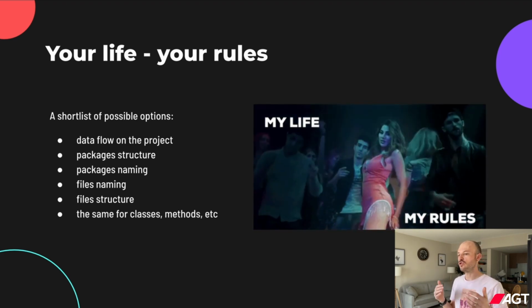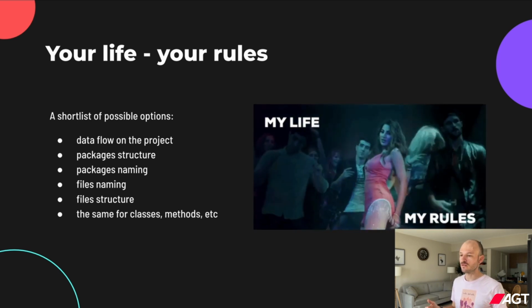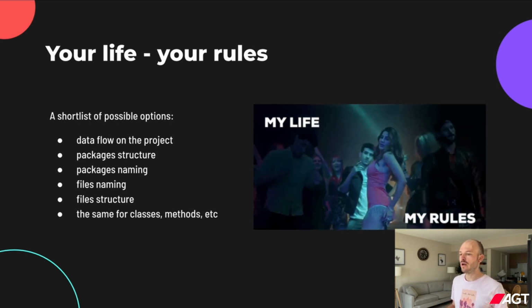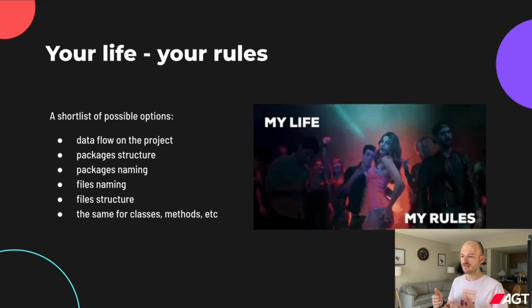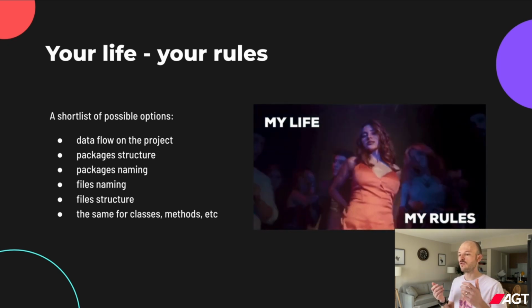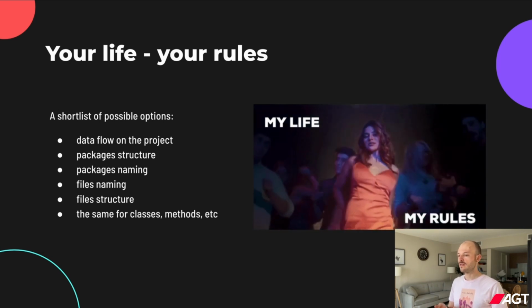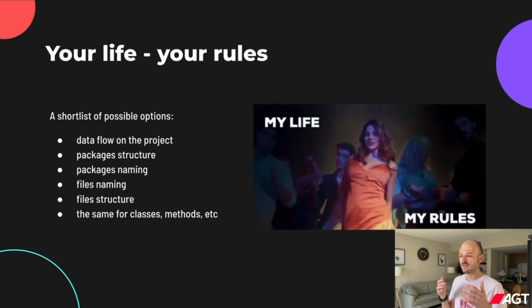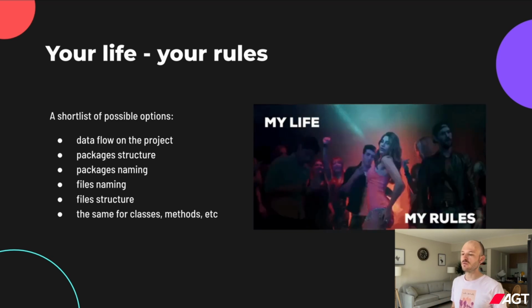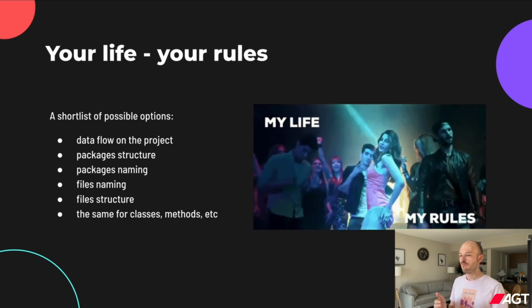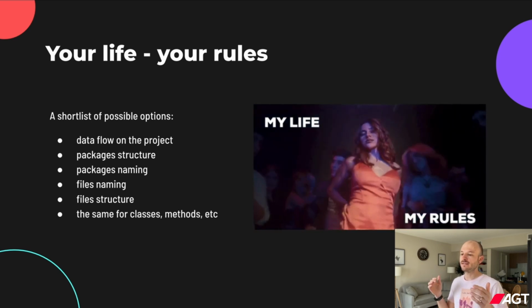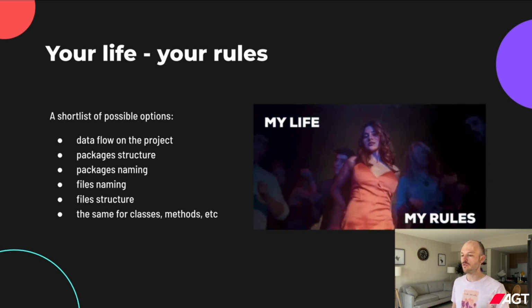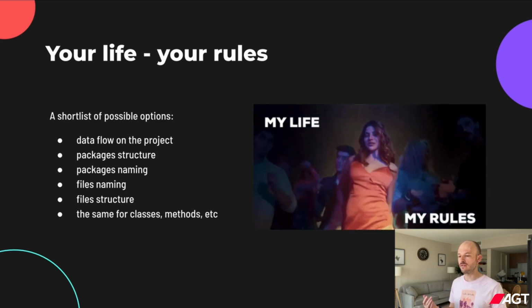Here is a small shortlist of possible options. Data flow on the project, packages structure, packages naming, files structure, the same for classes, methods, Git branches naming, etc. Of course, it's impossible to standardize everything, but it's not needed actually. Try to balance. An excessive set of rules can slow down development instead of accelerating it.